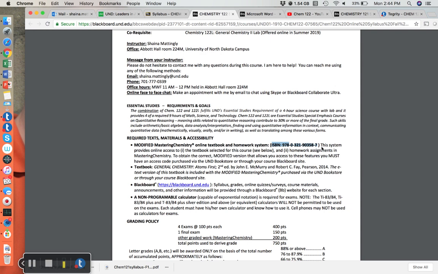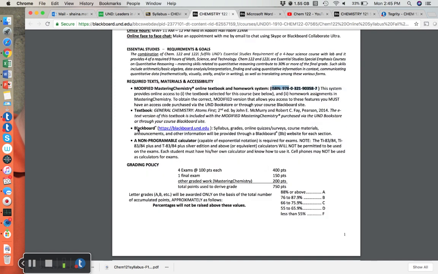Or you can go through Blackboard and sign up for a temporary 2-week trial period of the material. And within that 2-week trial period, you just have to either pay for it or enter in an access code from the bookstore. So the trial period is a really good option if you're maybe waiting for your financial aid to kick in so you can purchase the material from the bookstore.